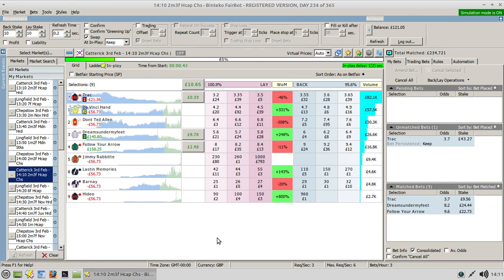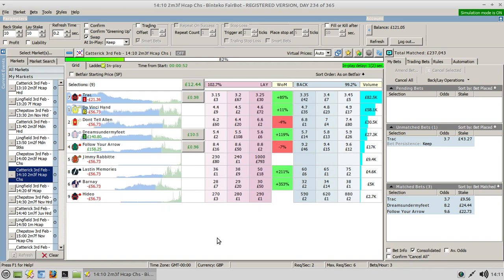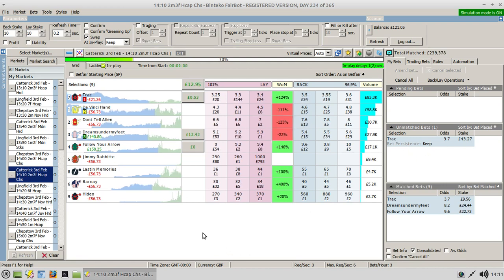So you can see here we're approaching about 15%, which would be my target profit, generally speaking, for a 3 selected Dutch, assuming that I haven't skewed the Dutch a little bit. Now, unfortunately, Track hasn't been fully matched. It needs to drift a little bit more.